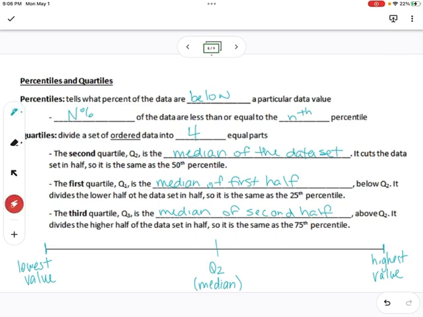So, like we said, with our first quartile, that's going from the lowest value to the median, and we're cutting that first lower piece in half. So cutting that first lower piece in half, that is our Q1. And the third quartile is going from the median to the highest value, so cutting this higher piece in half, which will give us our Q3.